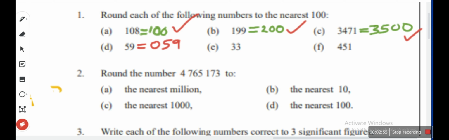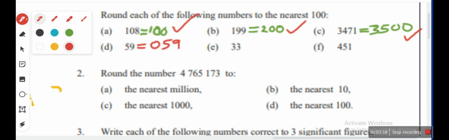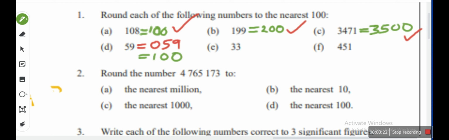Yes. So where should we stop at? 9 is units, 5 is tens, 0 is 100. So what should be the answer? 100. Interesting, because we are stopping at 0, and the next one, 5, is up to 5, so you call it 1 and add to this. So 100. Good.